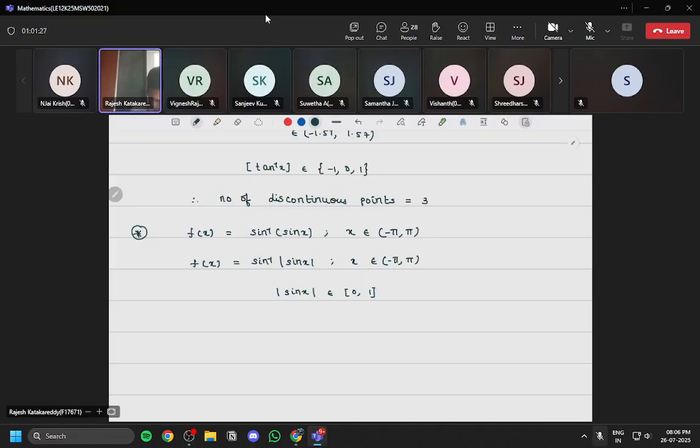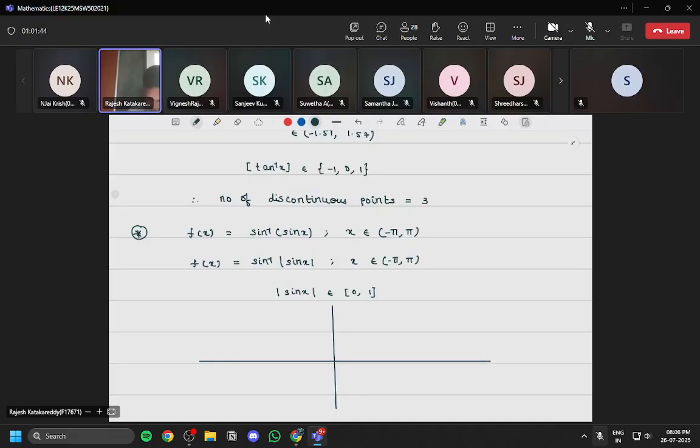So then the graph seems... the output must be positive all the time.